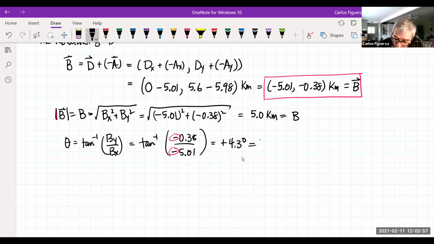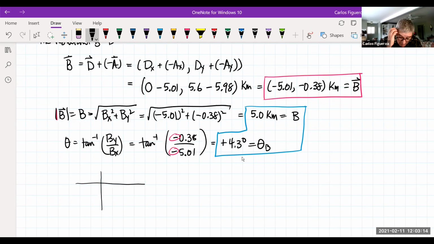What does this angle of theta B mean here? Let me do this. I draw my axes. We know this is already in the third quadrant, so the vector is going to be like this. What's the length of this vector?